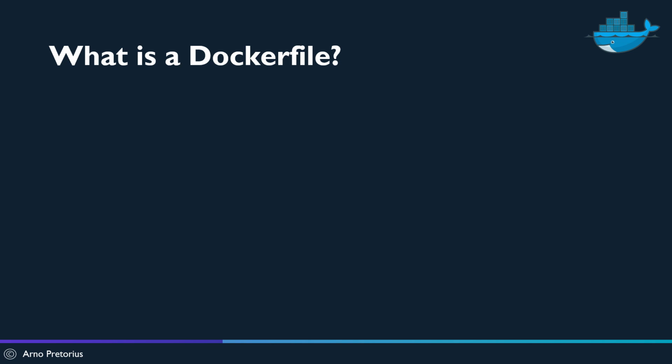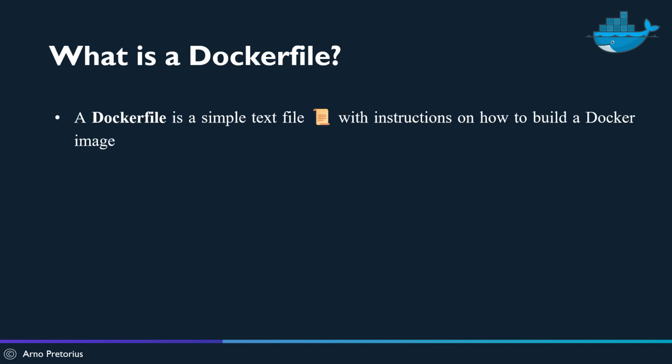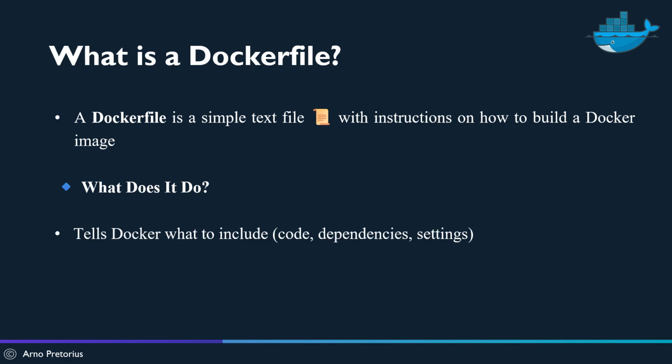So the first thing that we're probably wondering is, what is a Docker file? So a Docker file is essentially a simple text file with instructions on how to build a Docker image. Now, in terms of what it does, it tells Docker what to include, and this would of course have information pertaining to the application source code, any dependencies or specific settings that need to be in place.